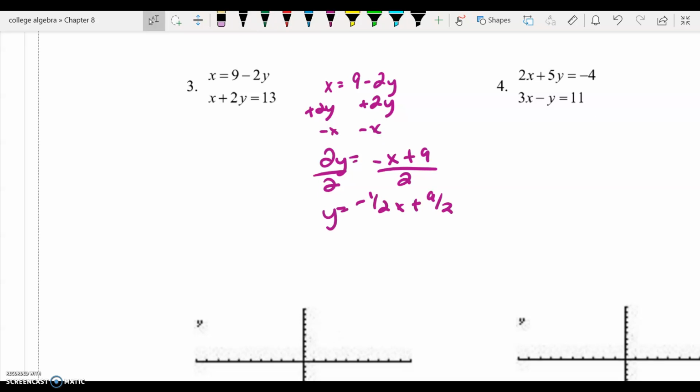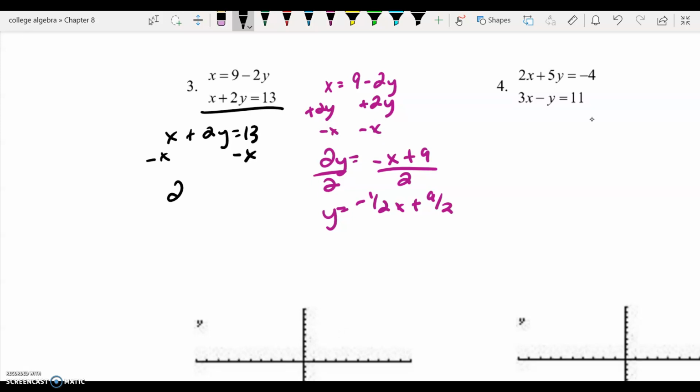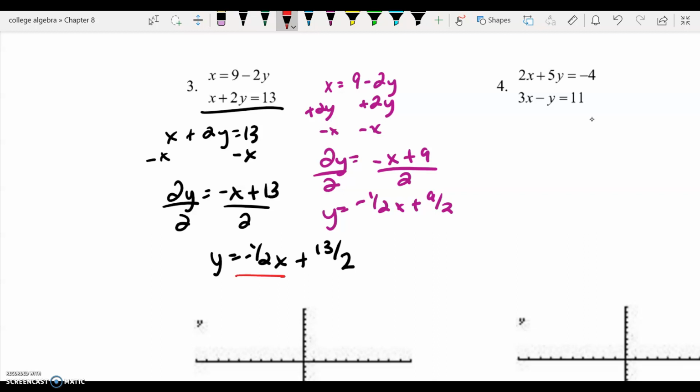Same way here. Get it to y equals mx plus b. Now here's the thing. These two, their slopes are the same, but their y-intercepts are different.